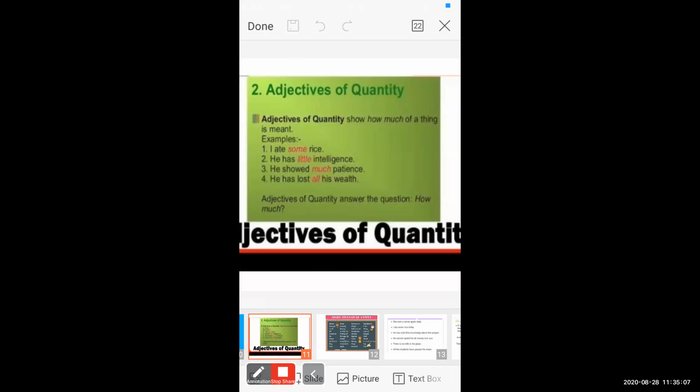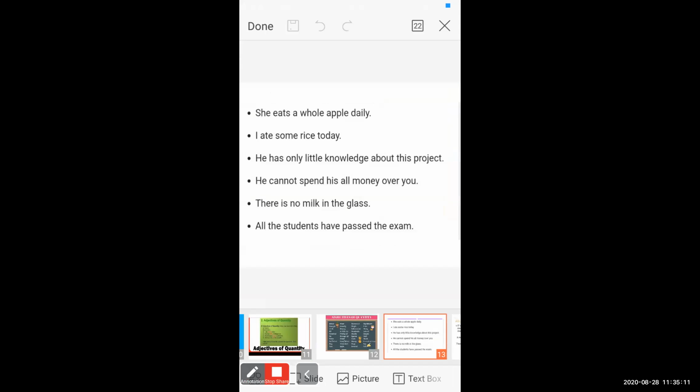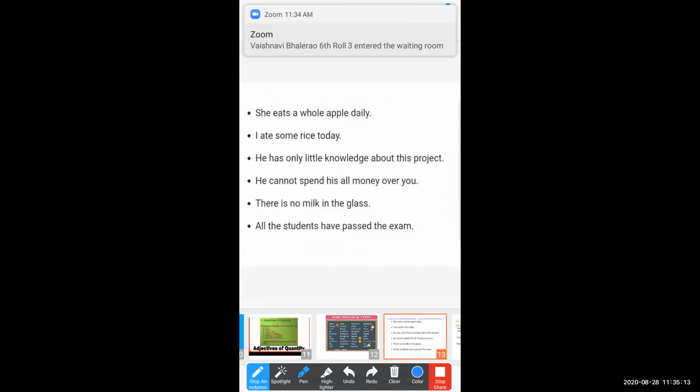Here we have some sentences. She ate whole apple daily. So here whole shows the quantity. An exact number is not mentioned. It does not say she ate one apple, two apples, three apples, only whole apple daily. Such kinds of words come under quantity.